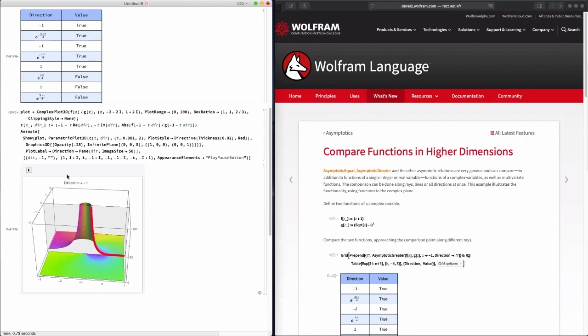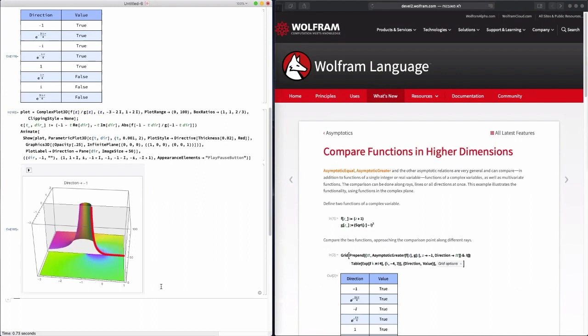When you give any numeric direction, think of your tangent direction in the complex plane being that number. So here's minus 1, you're moving towards minus 1 from 0.